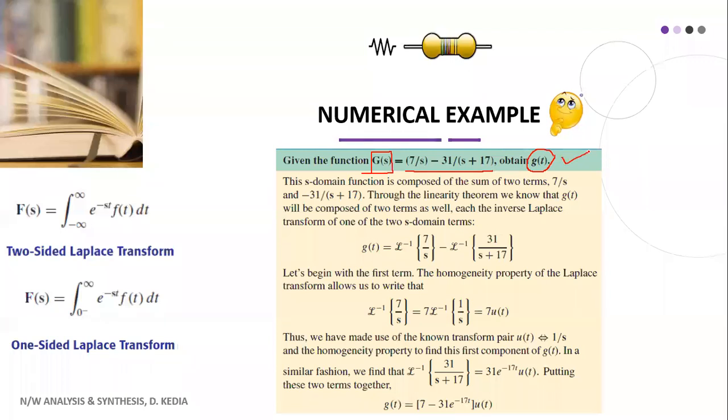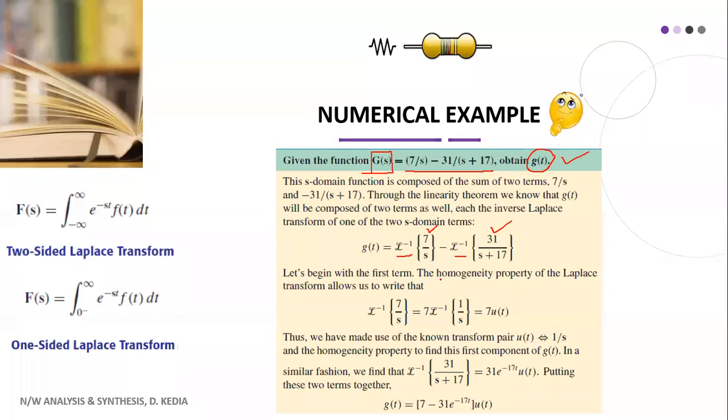Students, try to understand this terminology and your notations, so that just by looking at the expression you should be in a position to find out at once what is expected. So we have two functions, one is 7 by s and another is 31 by s plus 17. We will apply the linearity property. So Laplace inverse of 7 by s we have to obtain separately, then Laplace inverse of this one.